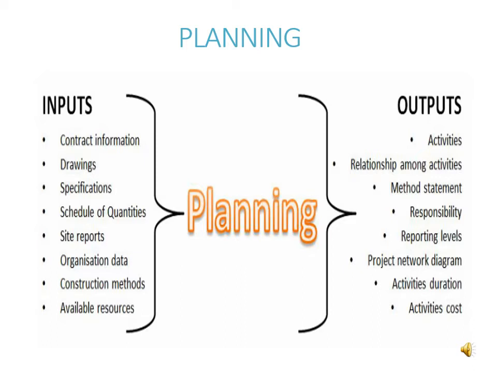Definitely, the planning will be the process, and we have some expected outputs, which are linked to activities, relationship among activities, the method statement, responsibility of each and everybody, how do we report and at what level, the project network diagram, which is very important, and definitely activities duration and activities costs.